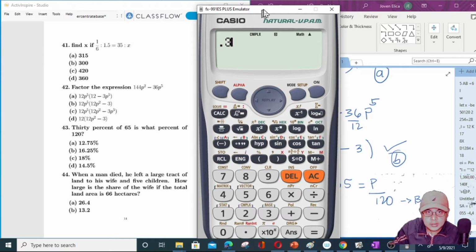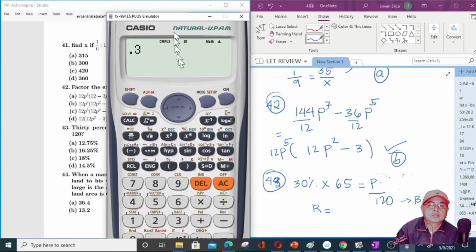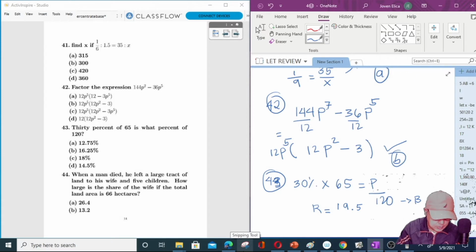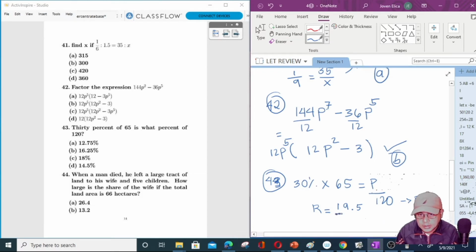0.30 multiplied by 65, that is equal to 39 over 2, which is equal to 19.5. Okay, so 19.5 divided by the base of 120.